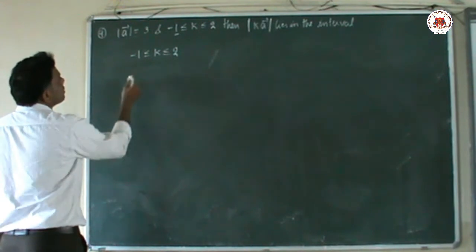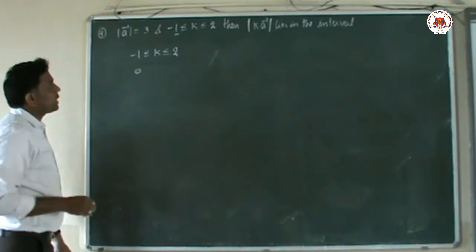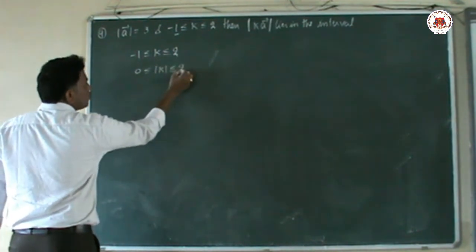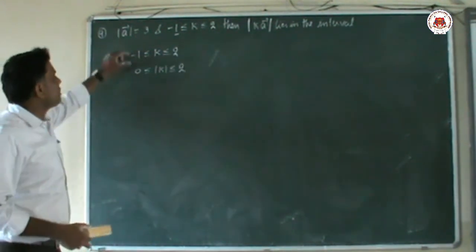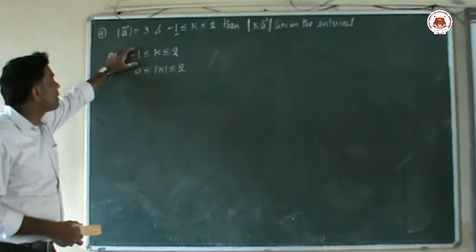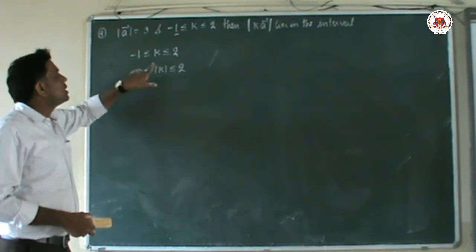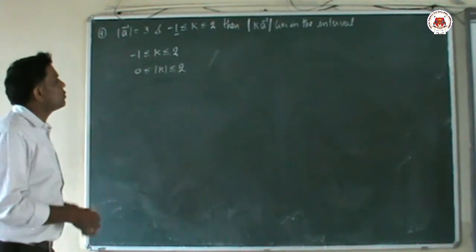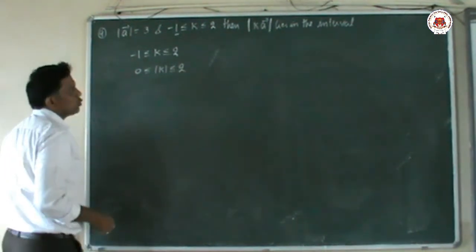The least non-negative value is 0. 0 is a non-negative value. 0 less than or equal to mod k, less than or equal to 2. Because 2 is a positive number. Only here I am neglecting the negative value because minus 1 is negative. In modulus, the least value is 0. So the mod k value is between 0 to 2.